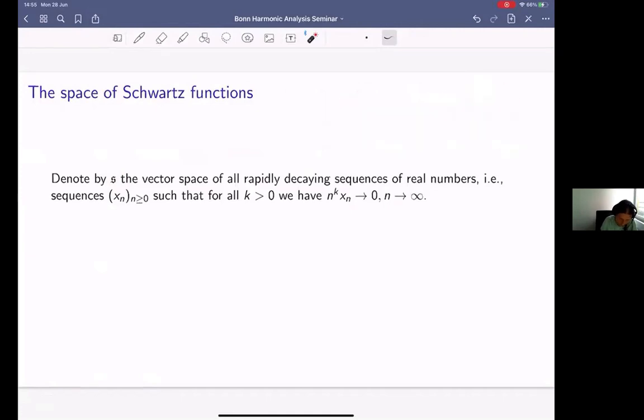These are functions which decay faster than any inverse power of a polynomial. This means that if we take a Schwartz function and restrict it to our sets lambda and lambda tilde, then we get a function which decays fast enough.